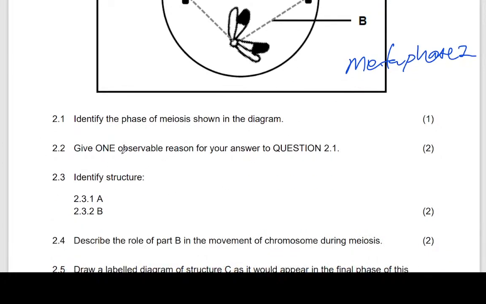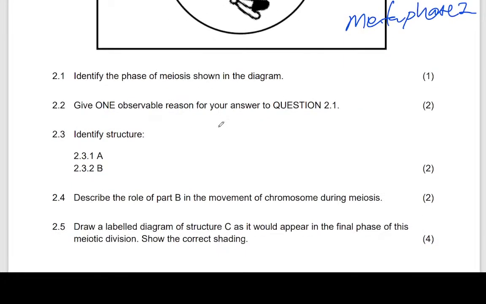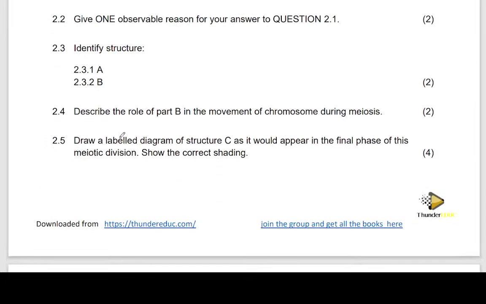Also, these spindle fibers attach themselves on the centromere, and during the separation of these chromosomes, they are pulled to opposite poles. Then they're saying draw a labeled diagram of structure C.